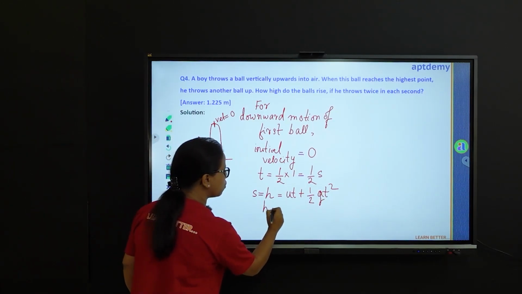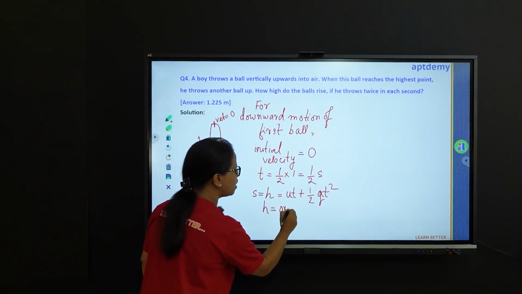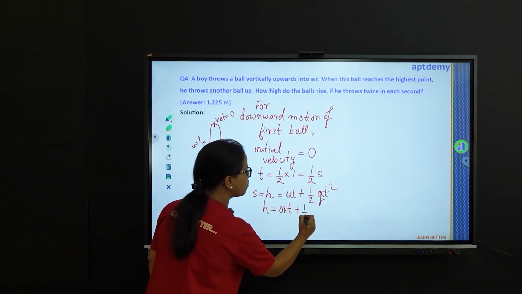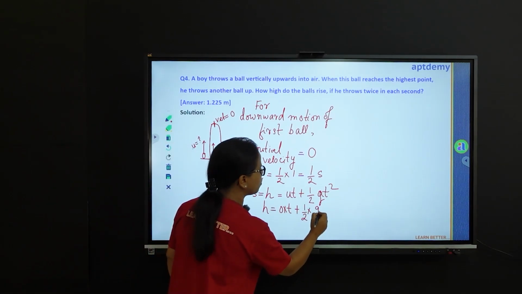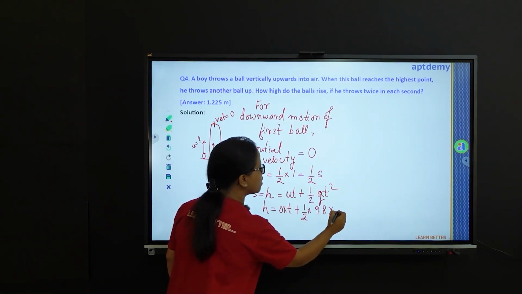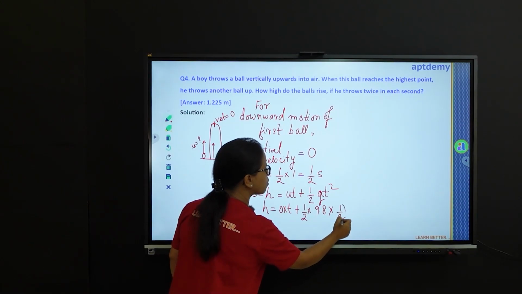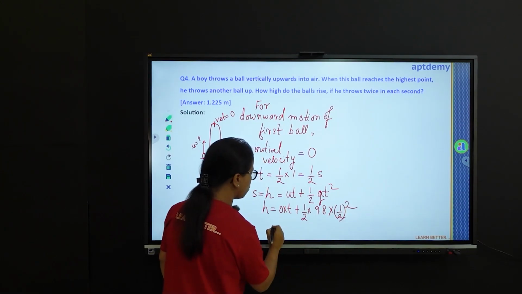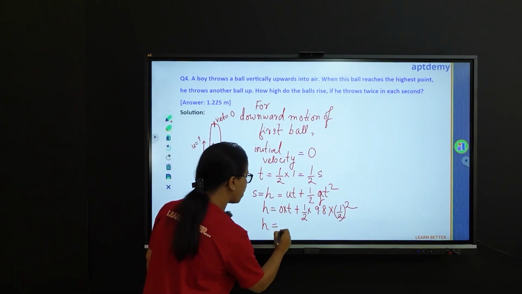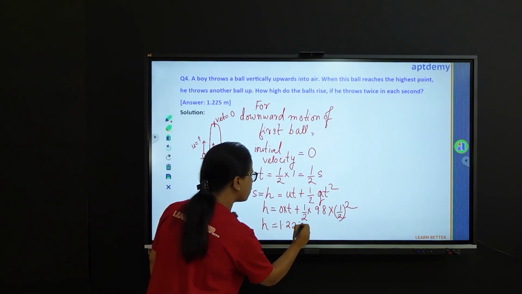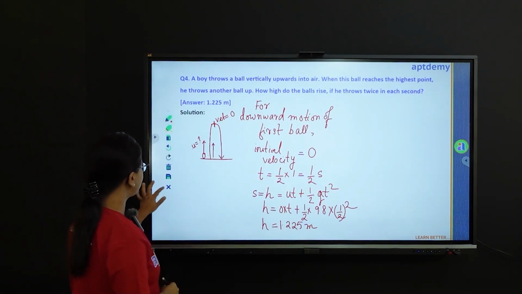So h, which we need to find out, equals 0 into t plus half into g, which is 9.8, into t square, where t is 0.5. So 0.5 square, half whole square. Now if we work this out, we get h equal to 1.225 meters. So an interesting problem.